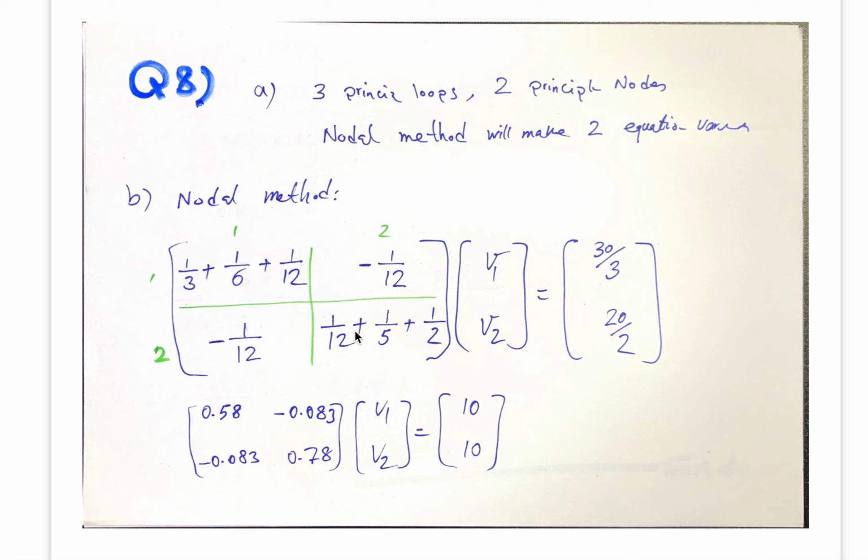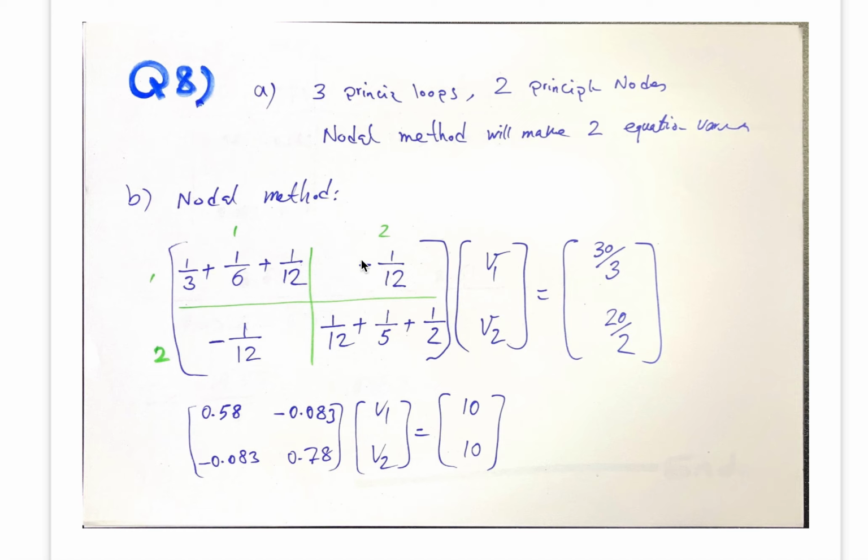For node 2, again, 3 branches are connected to node 2 with 3 resistors. One is 12 ohm, the other one 5 ohm, and the other one 2 ohm. Again, you take the inverse of each one because that is the conductance, and you add them. For non-diagonal elements, you need to put the conductance between the two nodes.